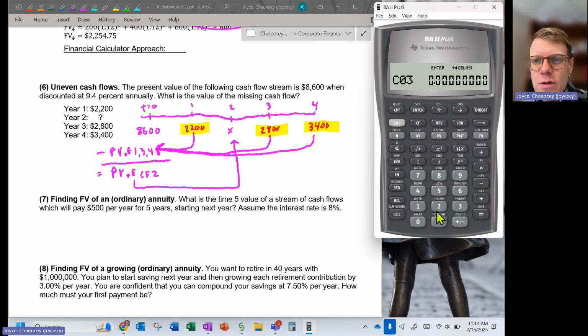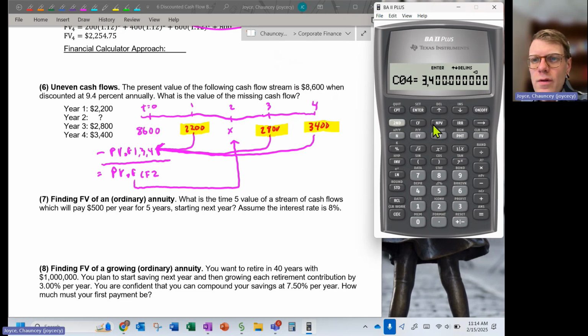The third cash flow is $2,800. Enter, and that'll have a frequency of 1. And the fourth cash flow is $3,400. And it will have a frequency of 1. So all we have in the cash flows is cash flow 1, cash flow 3, and cash flow 4.